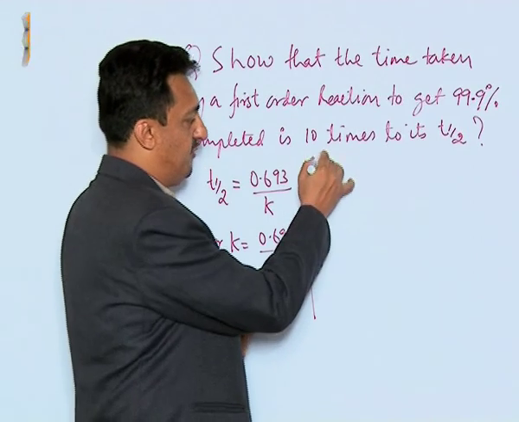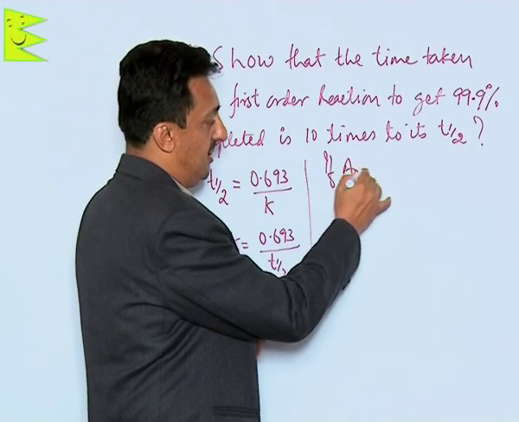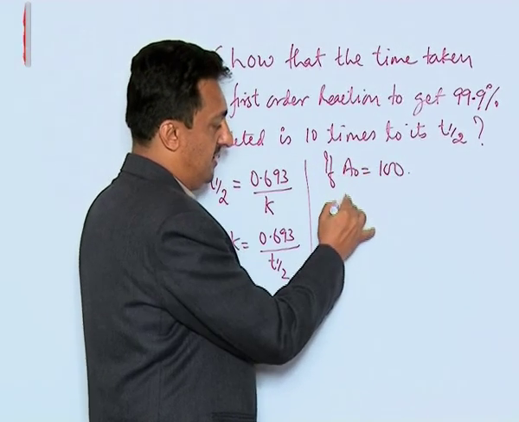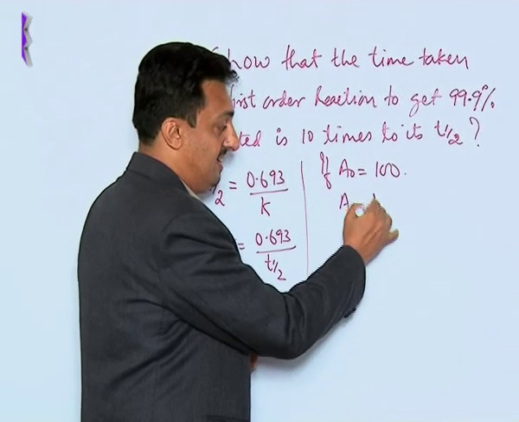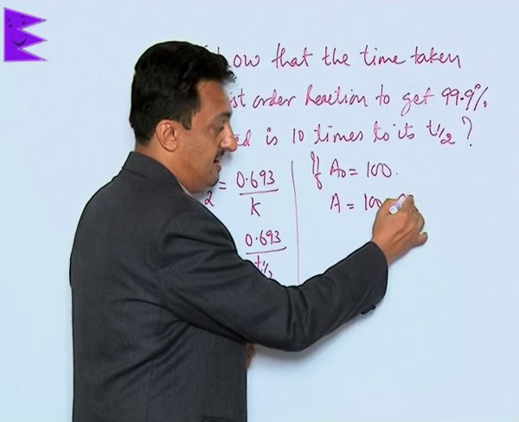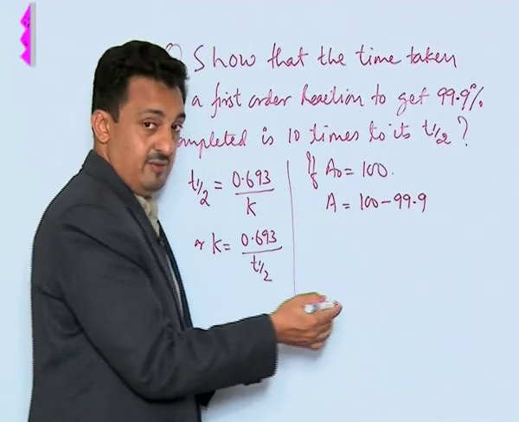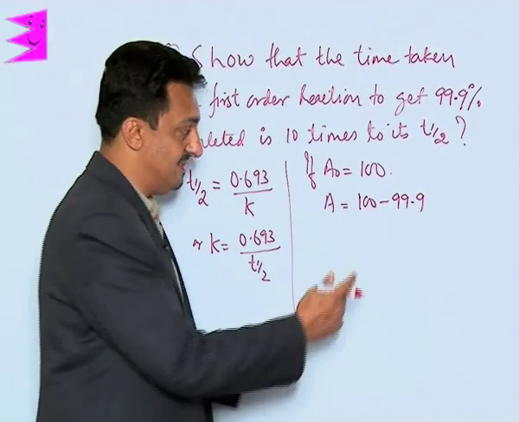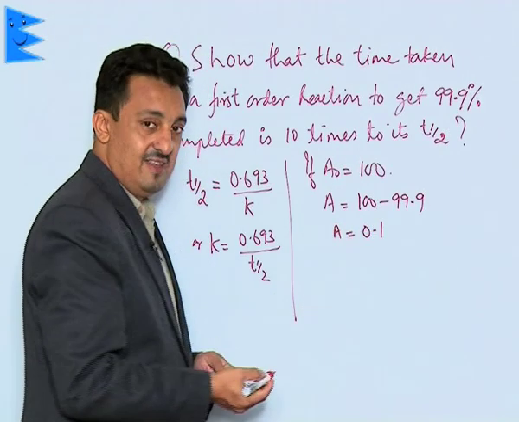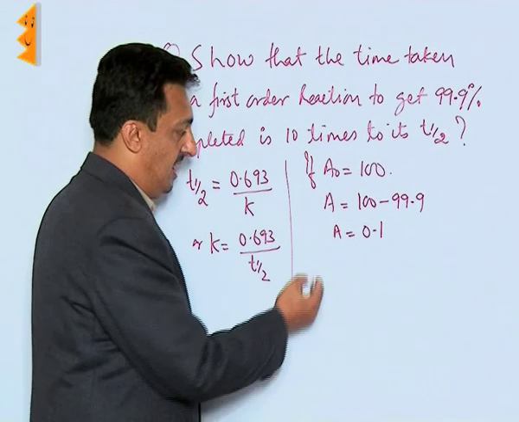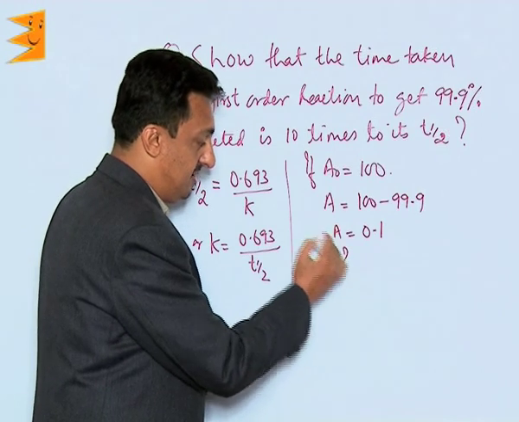Second, if the initial amount of the reactant is 100 and the amount of reactant which has reacted is 99.9, because this much percentage is complete, we get that this a is only 0.1, which is unreacted, left out. Now we have to find out the time taken for this.